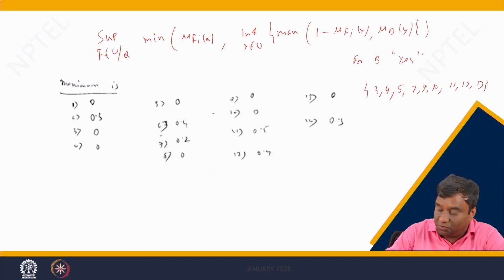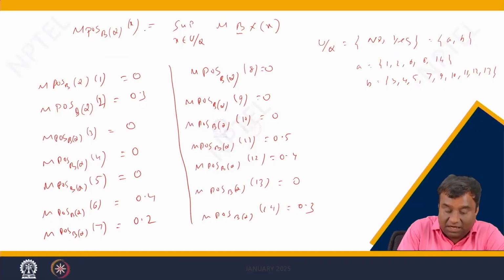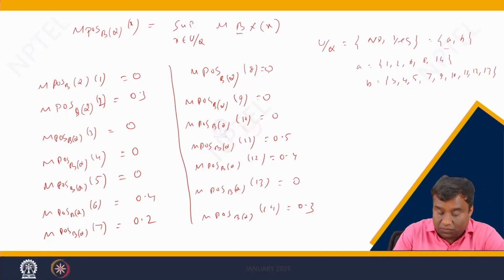Now we need to calculate the positive region. The positive region is the membership value of the positive region of the partition Q with respect to the attribute B of each element, which is the supremum of the no and yes, that is for A and B. If you calculate the supremum, the maximum value, for 1 you will get 0, for 2 you will get 0.3, for 3 it is 0, for 4 it is 0, 5 0, 6 0.4, 7 0.2, 8 0, 9 0, 10 0 and 11 0.5, 12 0.5, 13 0 and 14 0.3.